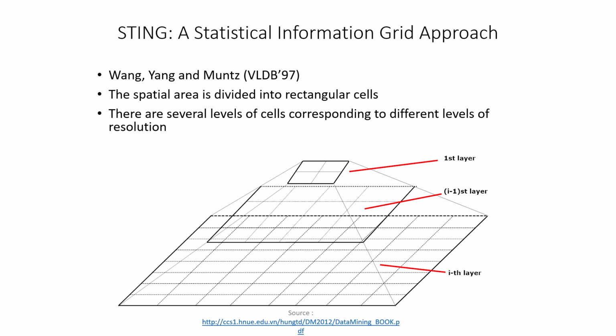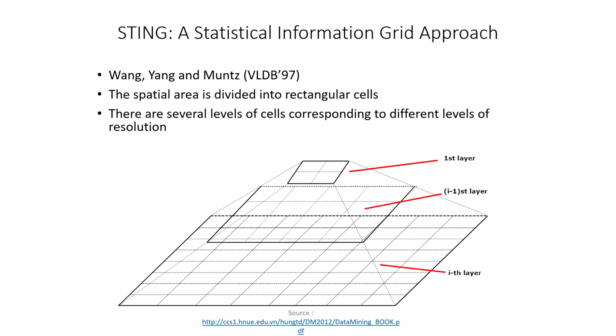The statistical parameters of higher level cells can easily be computed from the parameters of the lower level cells. These parameters include the attribute-independent parameter count, and the attribute-dependent parameters mean, standard deviation, maximum, minimum, and the type of distribution that the attribute value in the cell follows, such as normal, uniform, exponential, or none.